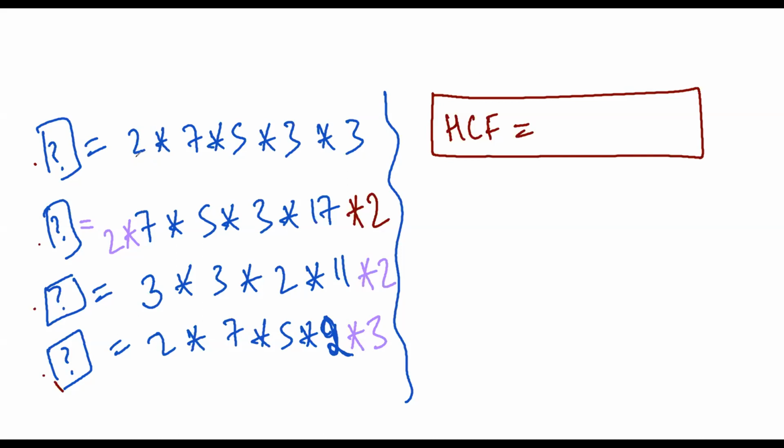Let's find the common factor, it would be 2. Is there any other common factor? So 3. 3 is another common factor. Is there any other common factor? No, sir. So our answer will be 2 into 3 is equal to 6. Sarthak, have you understood? Yes, sir. Do you understand how to take HCF by prime factorization?